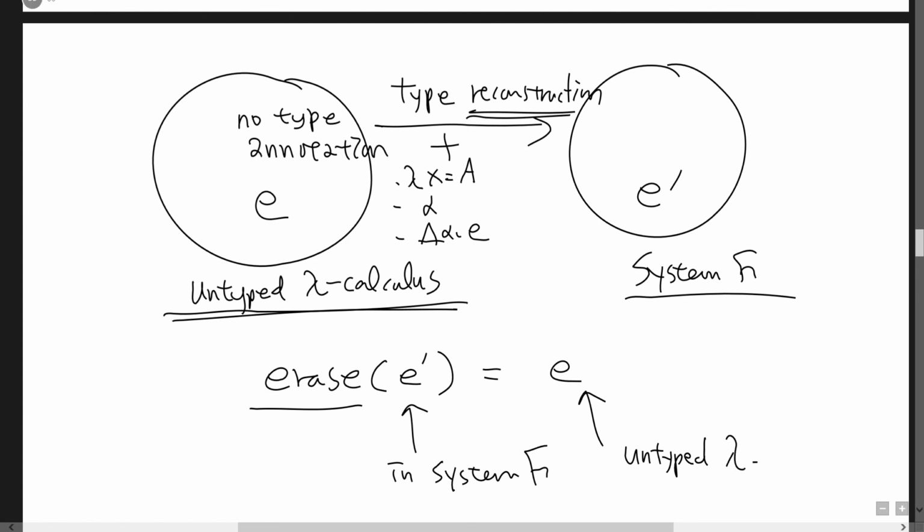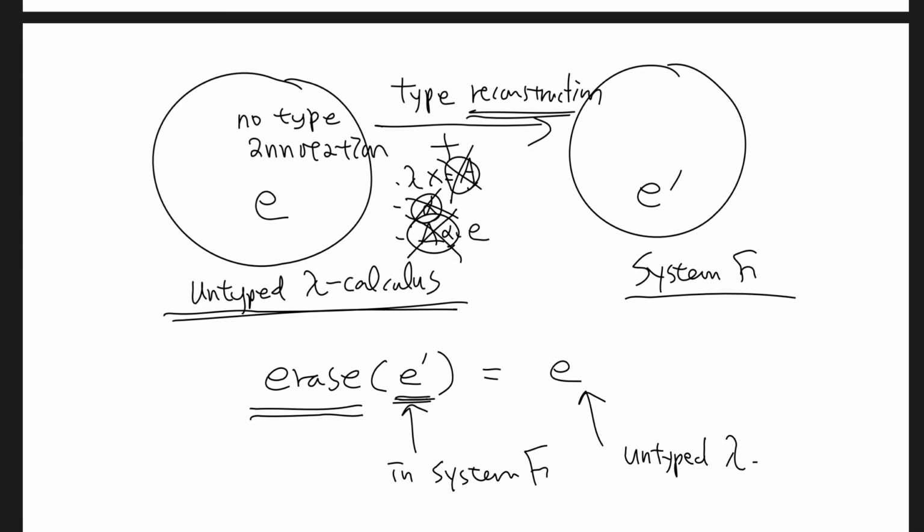And the idea is that we just erase every part of this expression E prime that is related to types. For example, this type annotation will be discarded. This type variable will be discarded, and this type abstraction will be discarded. Then you get back an expression in untyped lambda calculus.